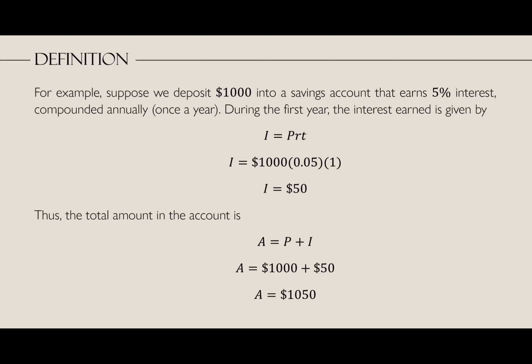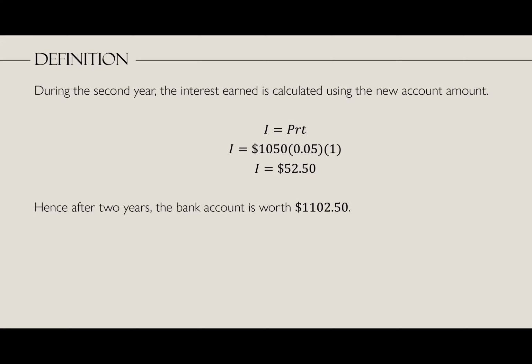What happens in the second year? Well, in compound interest, since I calculate each year in this scenario, for year two, I look at my new original principal. My new principal, instead of 1,000, is now 1,050. I still have my 5% interest rate, and I am 1 year in length for my new year.